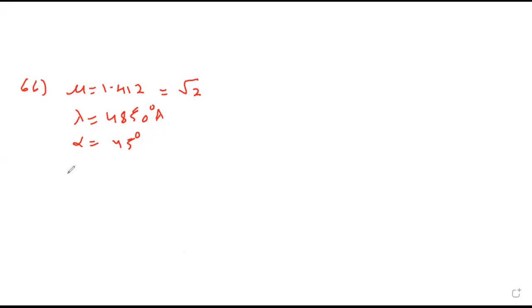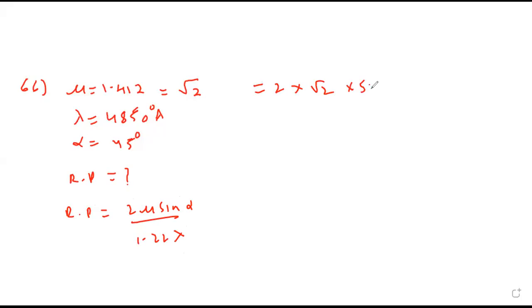So find the resolution power. Resolution power is 2 mu sine alpha upon 1.22 lambda. So 2 into root 2 into sine 45 upon 1.22, 4.850, 10 raised to minus 7.